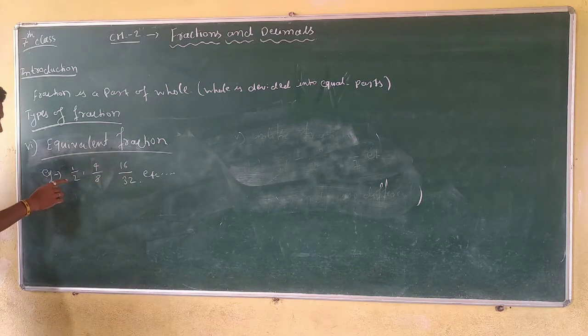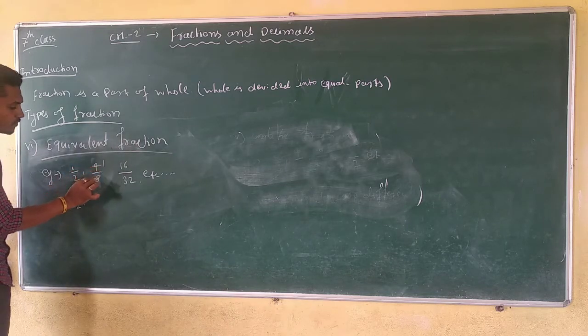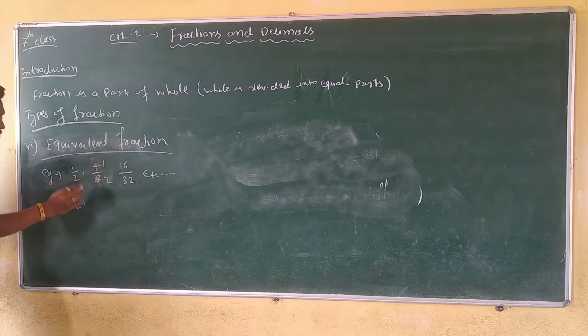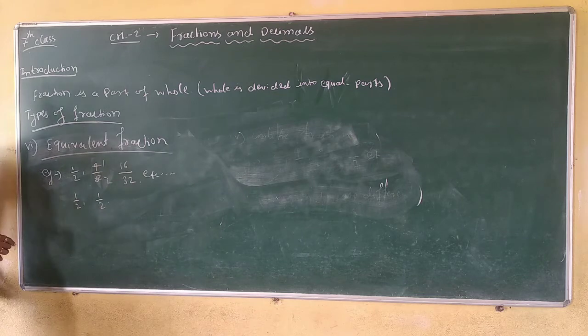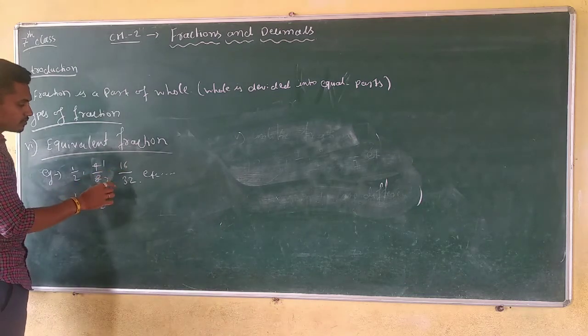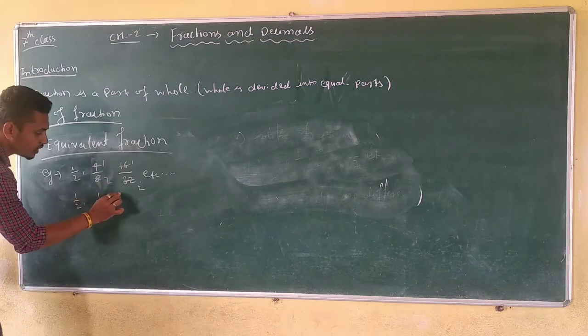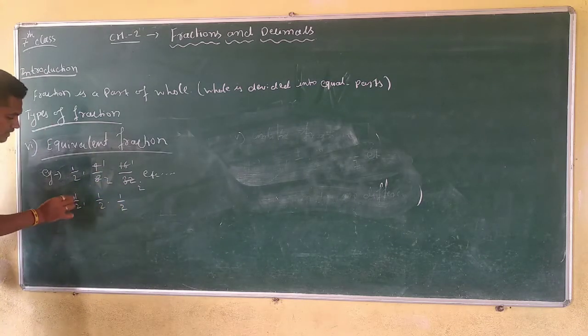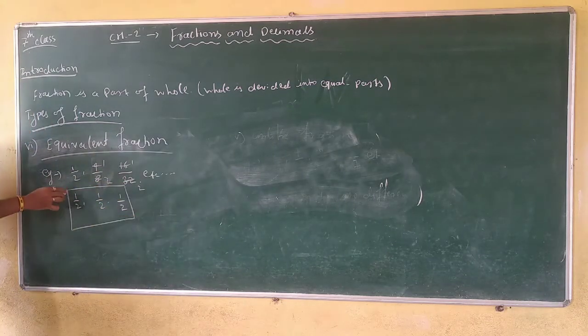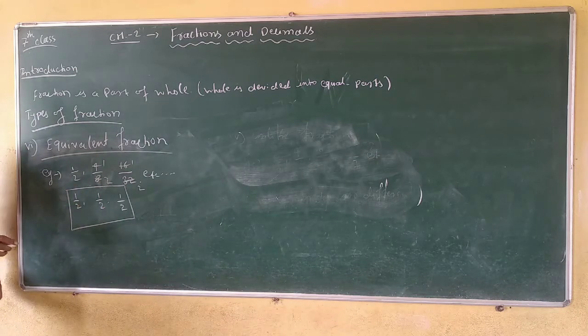See here. So 1 divided by 2, as it is. 4 ones are 4, 4 twos are 8. So it is also equal to 1 divided by 2. The next, 16 ones are 16, 16 twos are 32. So it is also equal to 1 divided by 2. Now see here. So 1 divided by 2, 1 divided by 2, 1 divided by 2.